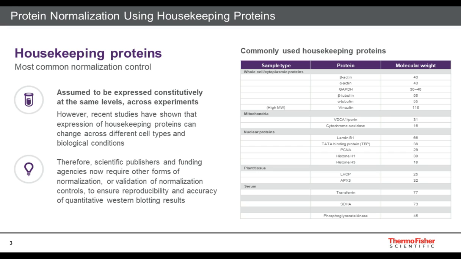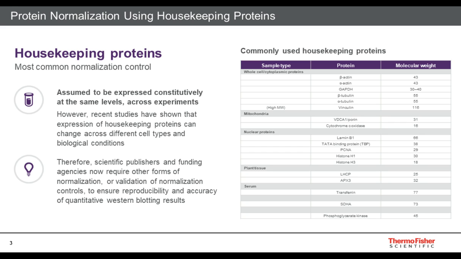The most common method currently being used for protein normalization with Western blotting is using housekeeping proteins. The table here on the right lists the most commonly used housekeeping proteins, which include actin, GAPDH, tubulin, etc. Housekeeping proteins are assumed to be expressed constitutively at the same level across experiments.